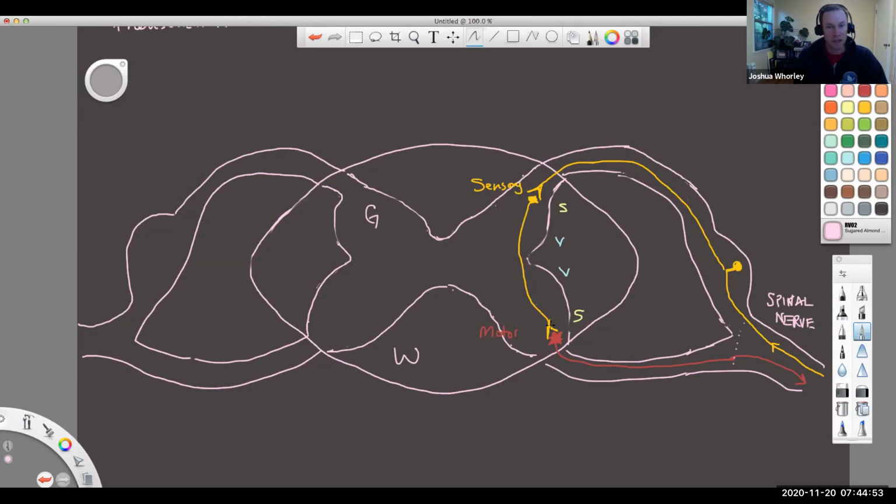So unmyelinated axon synapsing with a giant multipolar somatic motor neuron, and that neuron is carrying information out to skeletal muscle, the only effector, right, of the somatic motor system is skeletal muscle, right? And this is all myelinated too out here.